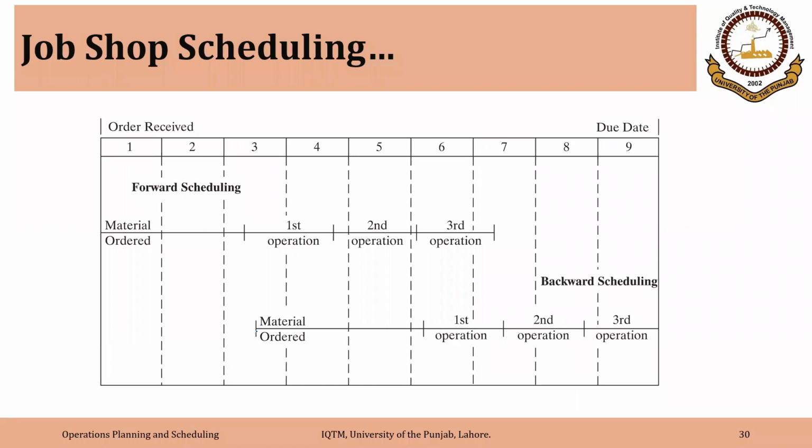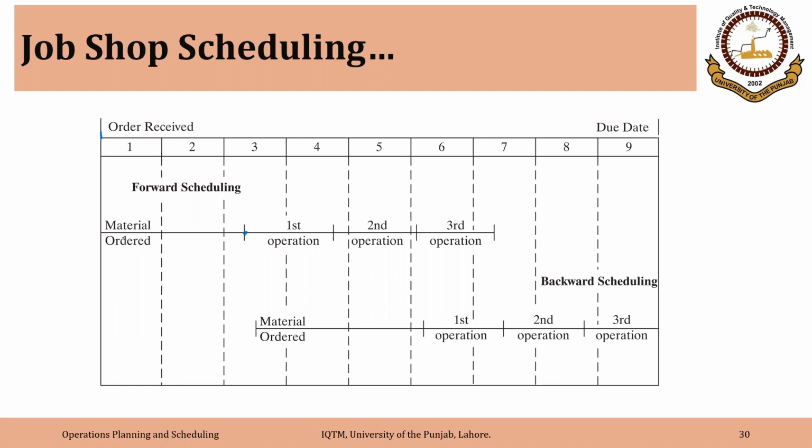So this is a simple example of forward and backward scheduling. We receive an order, say at date 0, and we know that there is a certain time. Let's assume that the numbers show the dates or the days. So material is ordered on day 0 and we expect to receive it here.